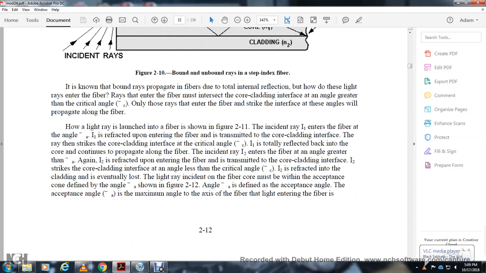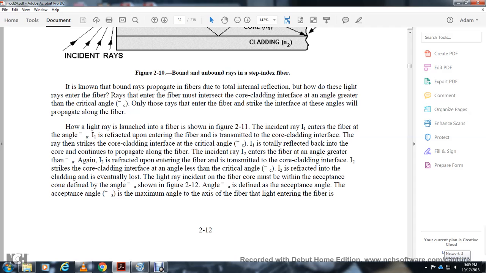How the light is launched into the fiber is shown in figure 2.11. The incident ray 1 enters the fiber and strikes the core-cladding interface at an angle greater than the critical angle, and is totally reflected back into the core to continue to propagate along the fiber. Incident ray 2 enters the fiber and strikes the core-cladding interface at an angle less than the critical angle, and is refracted into the cladding.